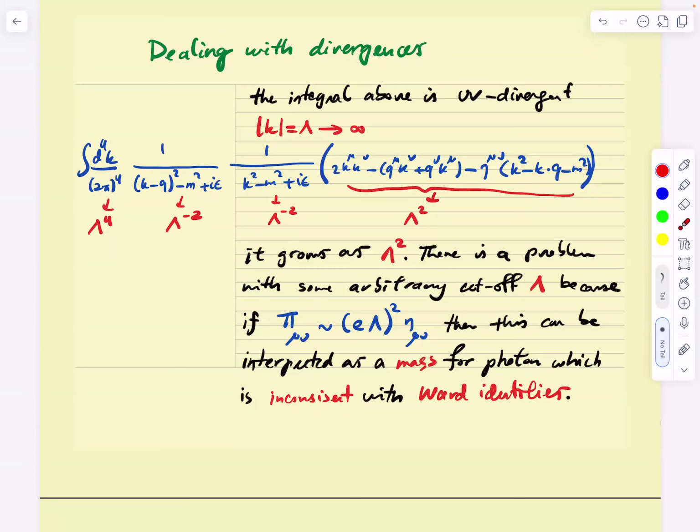Now, what matters is this part you have to pay attention to. This is order lambda squared, this is order lambda squared, and so is this. But whatever this answer is, it had better satisfy Ward identities. All the tensorial structure of it has to be that projection times some Pi.